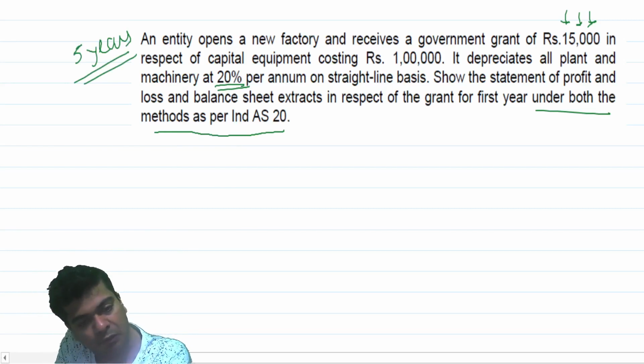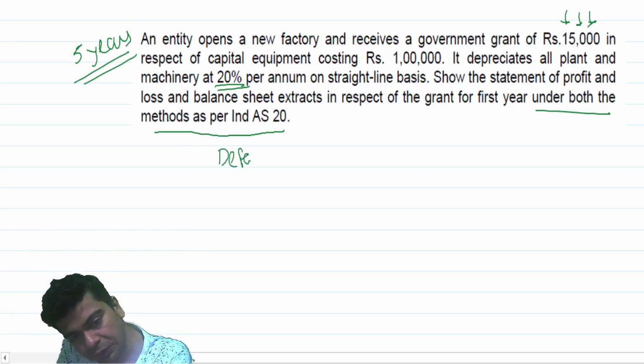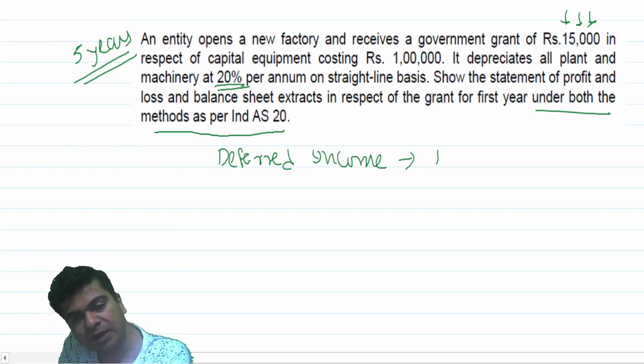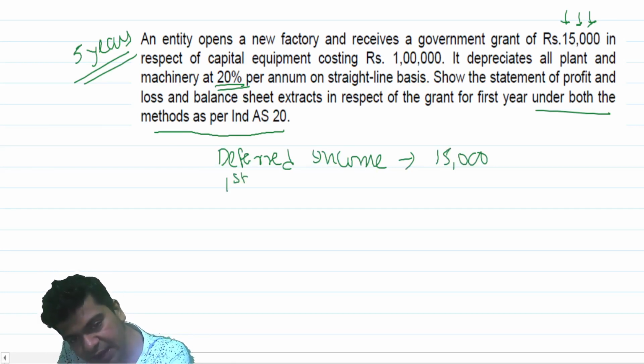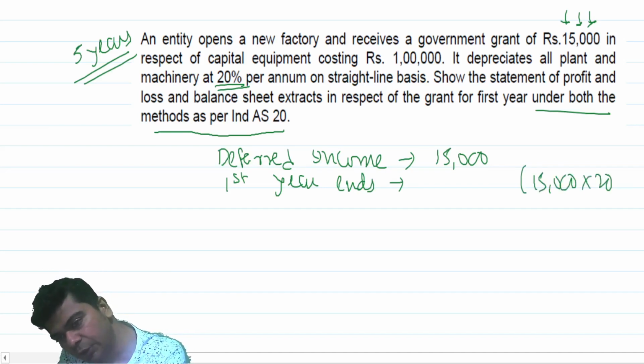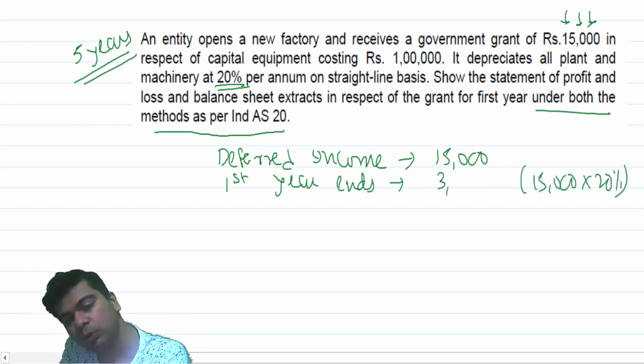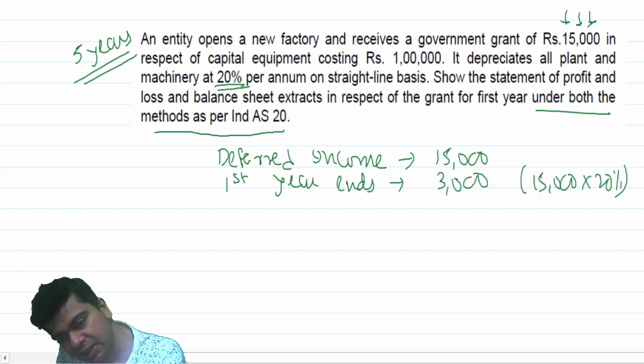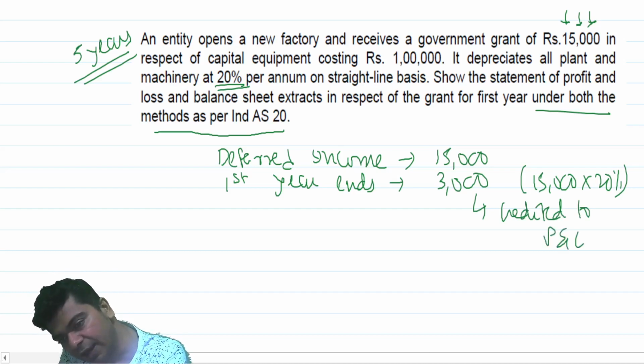What will you do? You will first consider deferred income, right? 15,000 will be the deferred income. When first year ends, 15,000 into 20%, that is turning out to be 3,000. This 3,000 will be credited to profit and loss account.